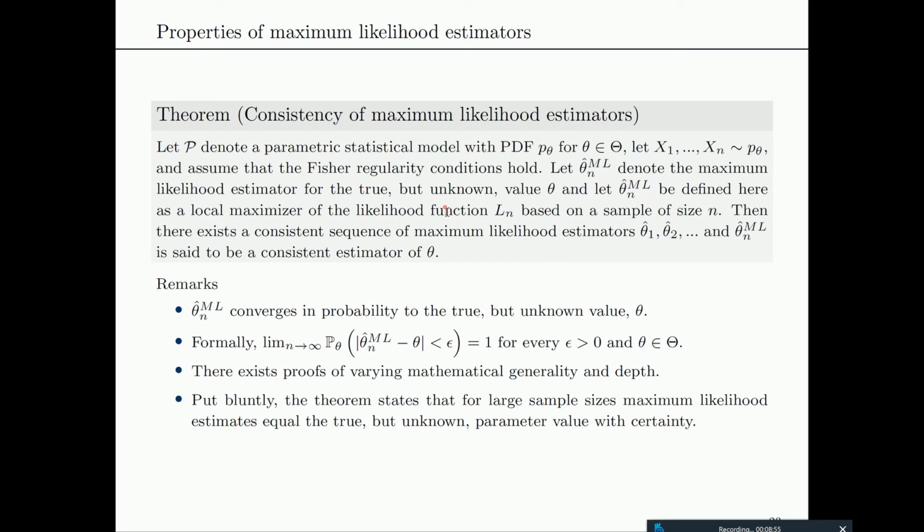The problem with the local maximizer is that it's not unique. To make that clear: if you say the maximum likelihood estimator is the argument that locally maximizes the likelihood function or the log likelihood function, then of course your log likelihood function could have multiple local maxima. That means you could also have multiple maximum likelihood estimators, and then it's not unique and you're not really sure what you're talking about.